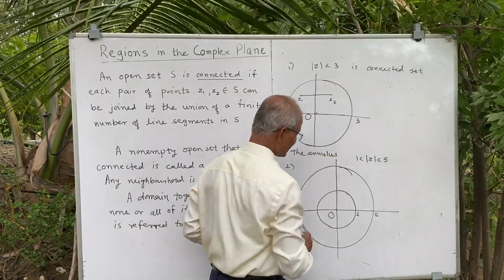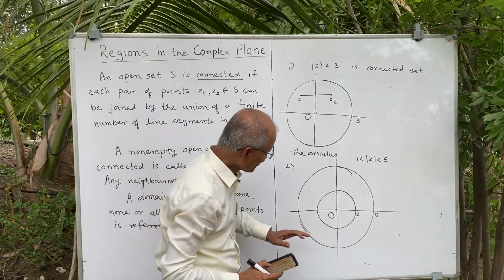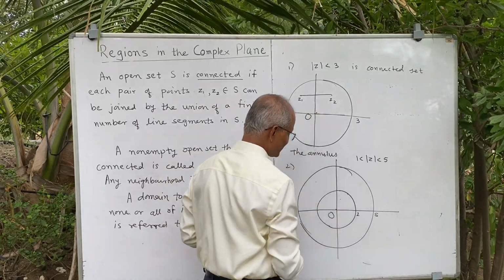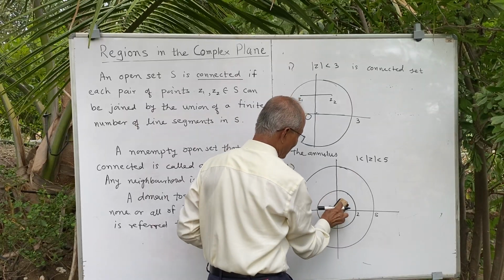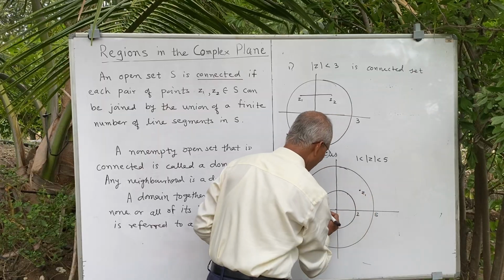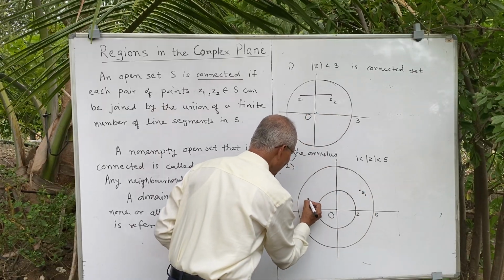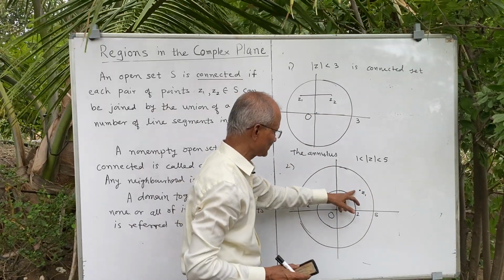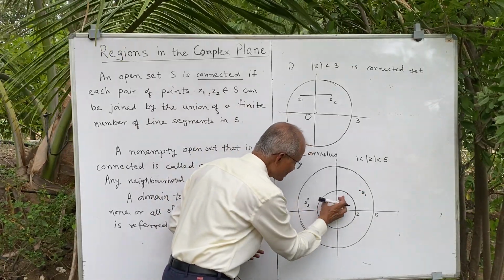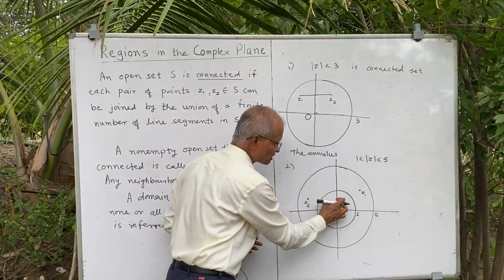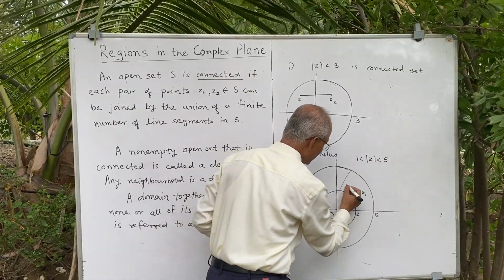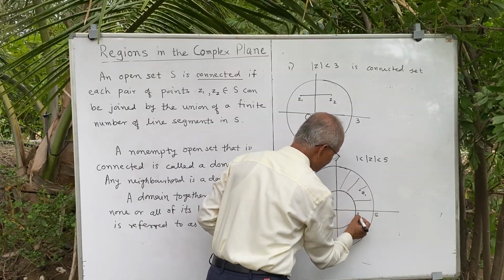Whether it is connected: if you consider this point here, that is not in the set. Now if you consider this point here as Z1 and another point here as Z2, how do we connect these 2 points? We cannot connect these points like this, because this region is not in the annulus, since the region is only this ring shaped.